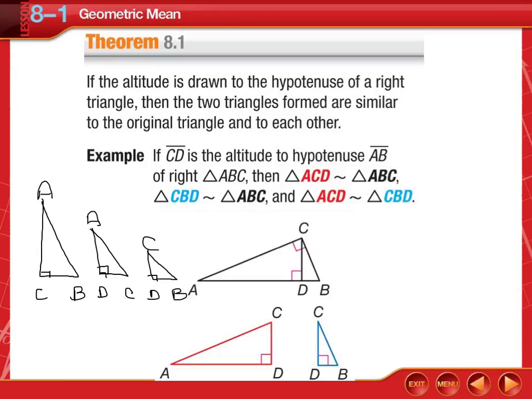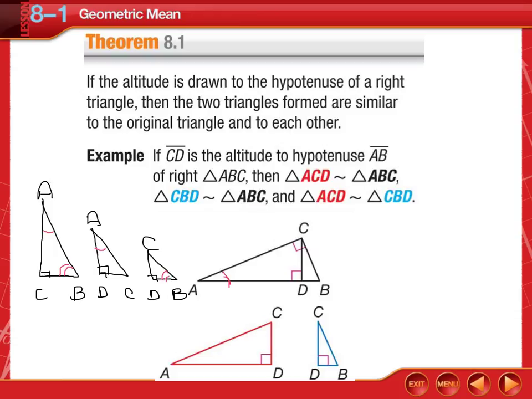Now, why are these all similar? Well, angle A here in the big triangle is also in the medium triangle, and by the reflexive property, it's congruent to itself. Likewise, angle B is in the large triangle here, and it's also in the baby triangle, and it's congruent to itself by reflexive property.